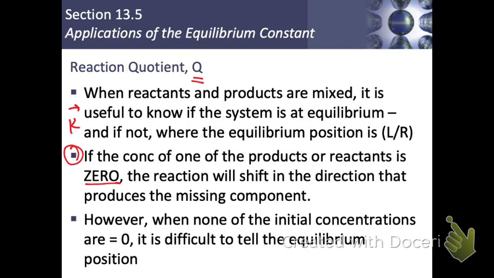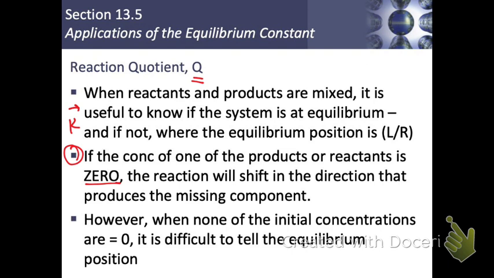Vice versa, if I only put in the product of my chemical reaction, it would have to go to the left, right, and produce those things until it can start to balance itself and reach an equilibrium. But this says when none of the initial concentrations are equal to 0, it's difficult to tell the equilibrium position. So this reaction quotient, this Q, is what we're going to use if none of our initial concentrations are 0, right?